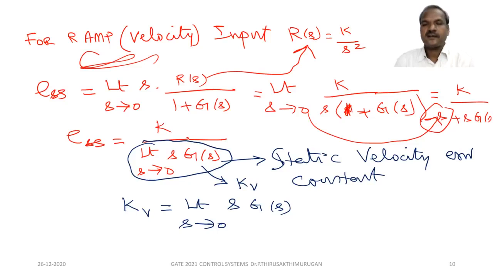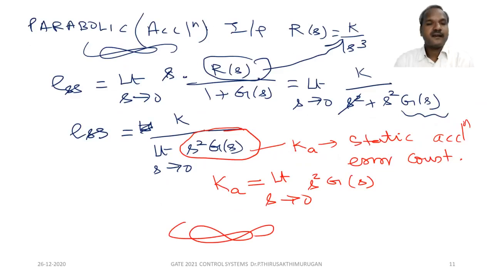If you substitute s equals 0 here, ESS becomes k divided by limit s tends to 0 of sG(s). Again, we do not know the nature of the system type G(s), so this can be replaced by Kv, the static velocity error constant. Kv is limit s tends to 0 of sG(s). Understand or not?